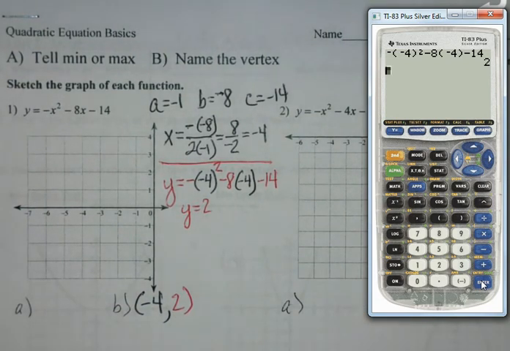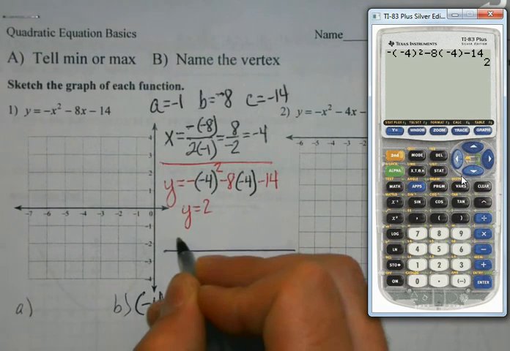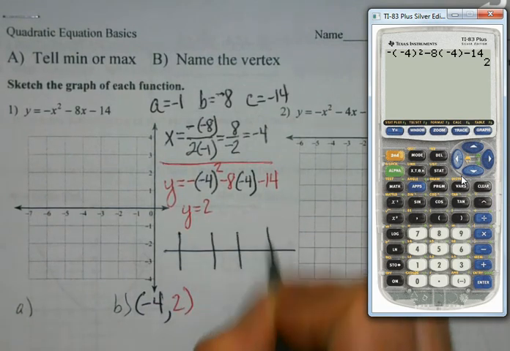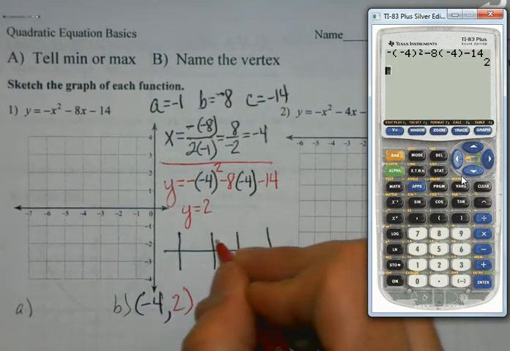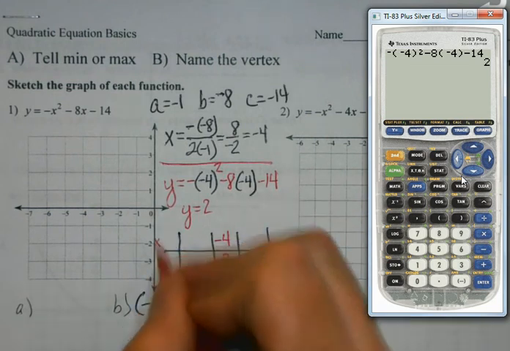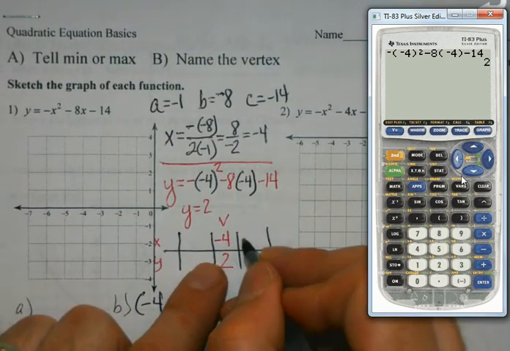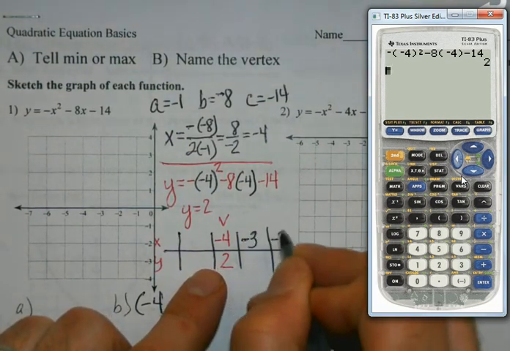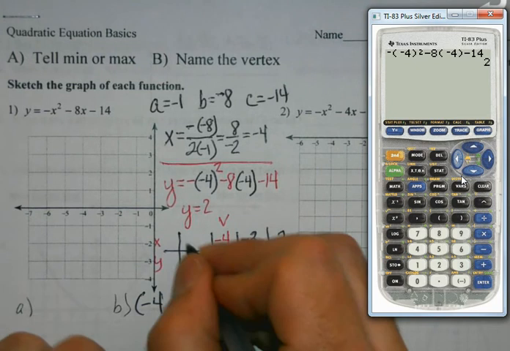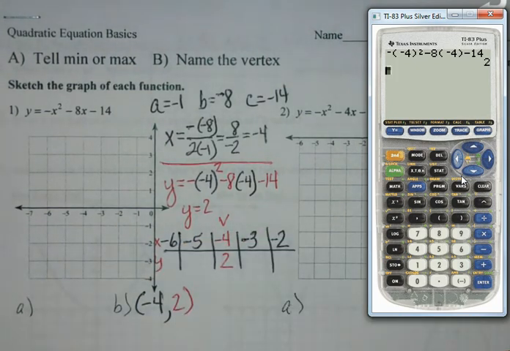You're like, tell min or max. Well, how am I going to do that? Okay. Again, I can either make myself a chart, and I'm actually going to draw my chart even though I'm going to do it on the calculator. My vertex is going to go in the middle. And again, I add 1 as I go to the right, and I minus 1 as I go to the left.